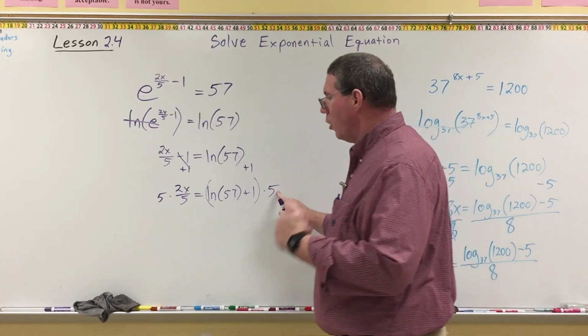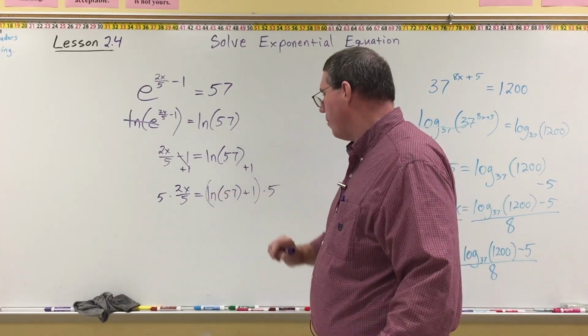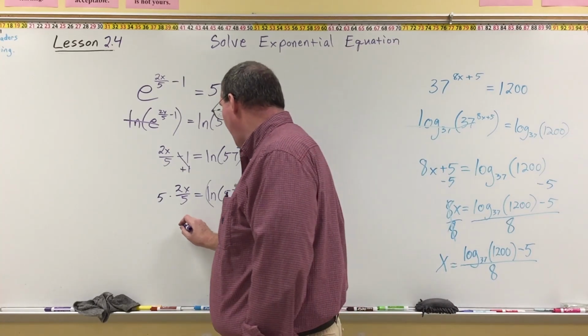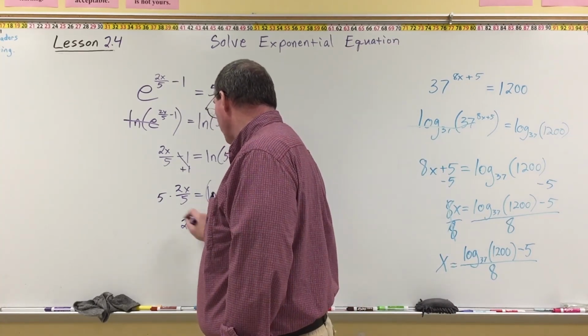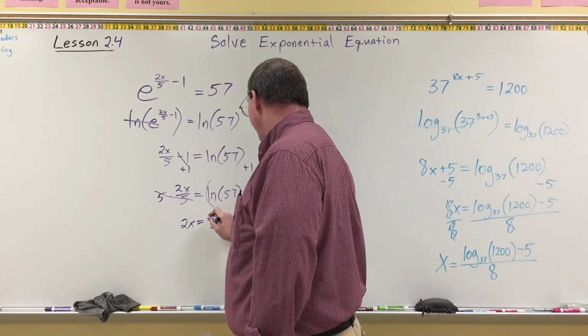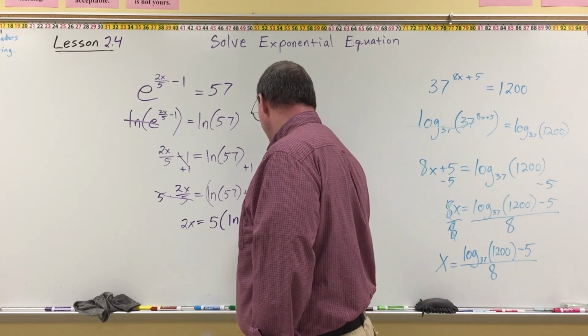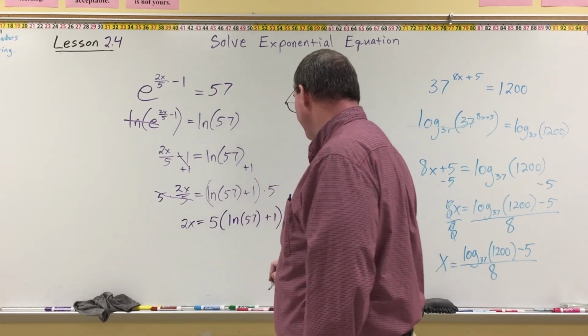Because this 5 is not only being multiplied by the natural log of 57, it's also being multiplied by the plus 1. And so now we're going to have 2x equals, because we're canceling this 5, 2x equals 5 times the natural log of 57 plus 1, okay?